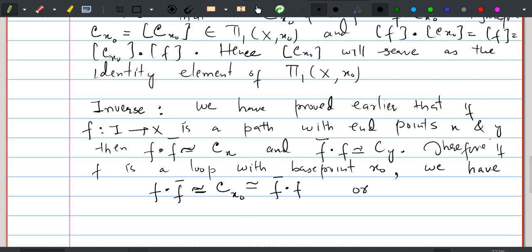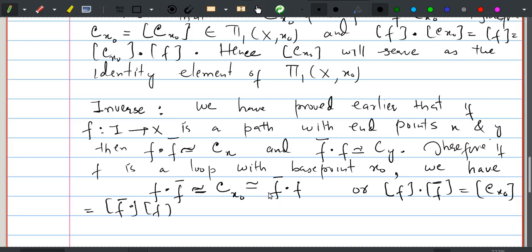So the product f with f inverse is the homotopy class of the constant loop cx naught, which is equal to the homotopy class of f inverse with f.